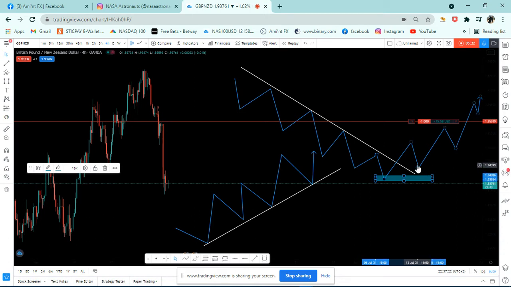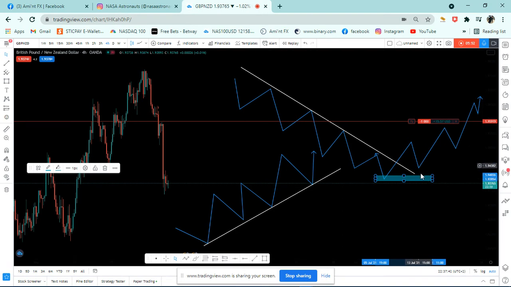Sometimes the retest might even reach the same level as the previous low, which is okay. If the market goes down to the previous low, as in the same level, it's still fine.